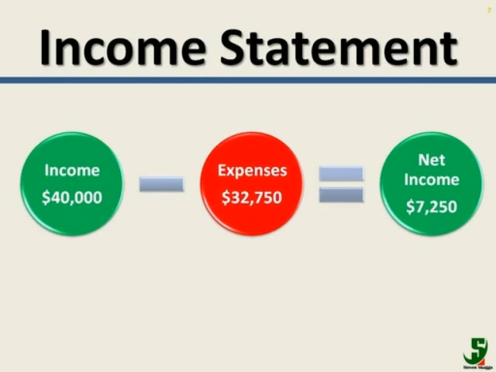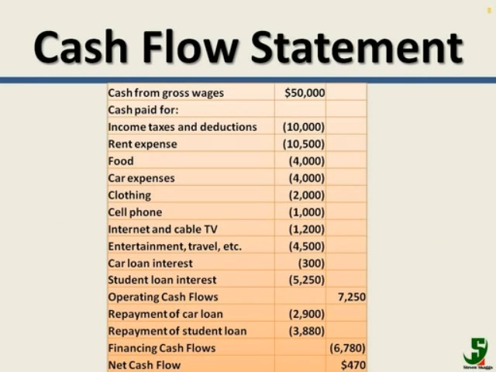We start with our disposable income and deduct all expenses. This leaves us with a net income of $7,250. This means we have a $7,250 surplus.